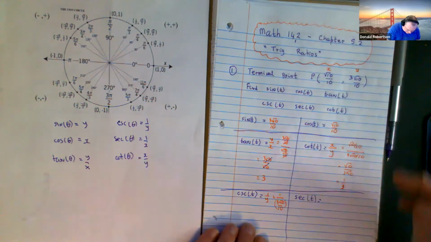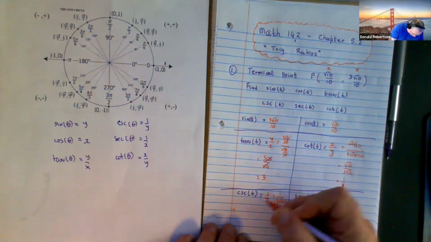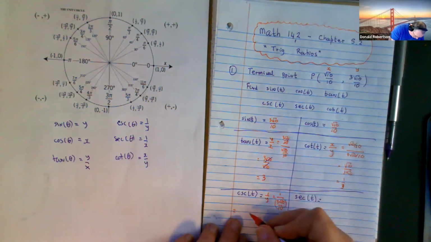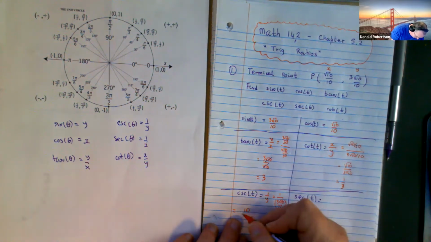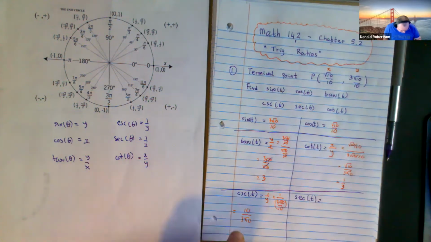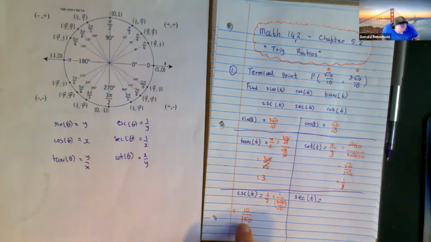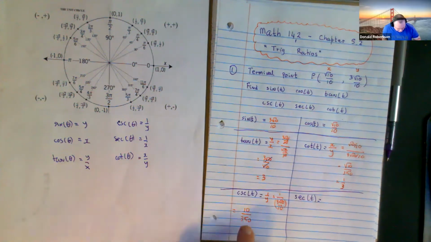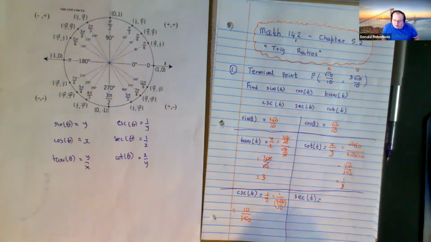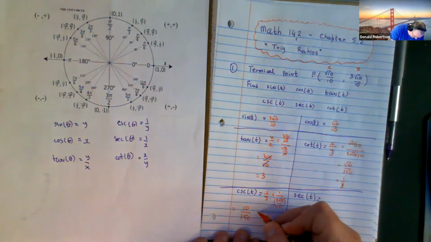Right, well, you know, if you take a fraction and you do 1 over it, it's called its reciprocal. You essentially turn the fraction upside down. So instead of 3 root 10 over 10, you now get 10 over 3 root 10.